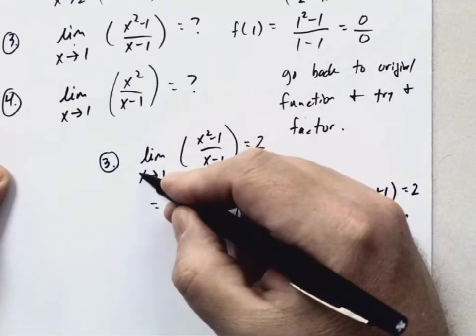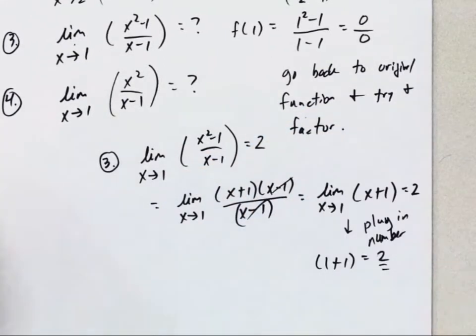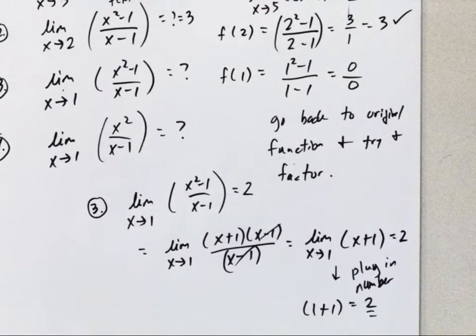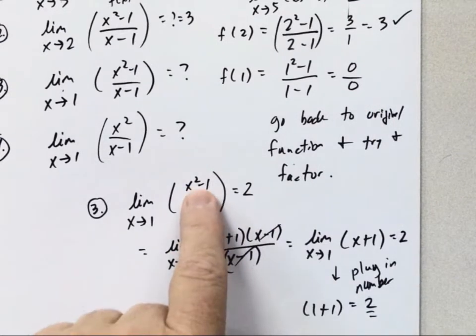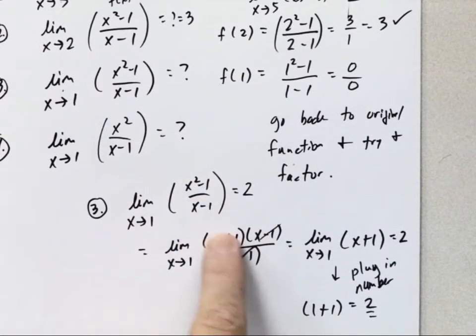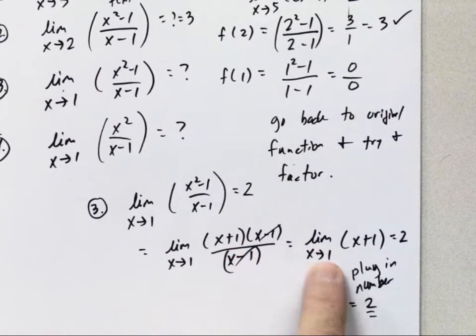The limit as x approaches 1 of x squared minus 1 over x minus 1 equals 2. Once again, the way I got that is, once I realized that 0 over 0, I went back to my original function, tried to factor it. After stuff cancels out, I was then able to go back and calculate the limit of the function.